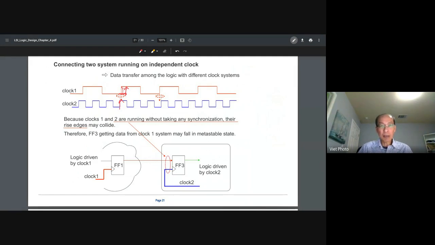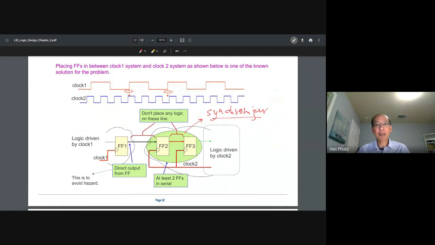All right, now this one is when clock 1 and clock 2 are different. Clock 1 and clock 2, they are different. So that means they will use a synchronizer, which is composed of 2 flops connected this way, with no logic in between.